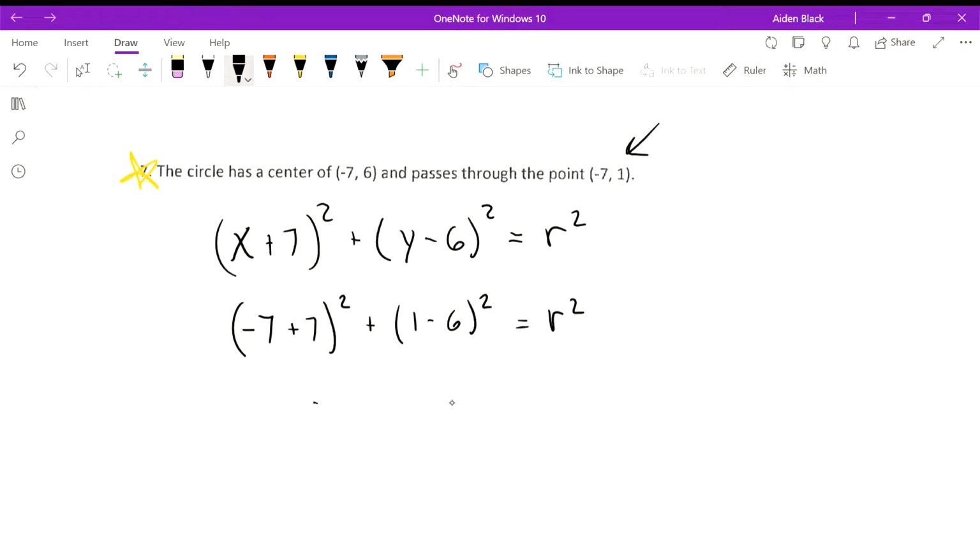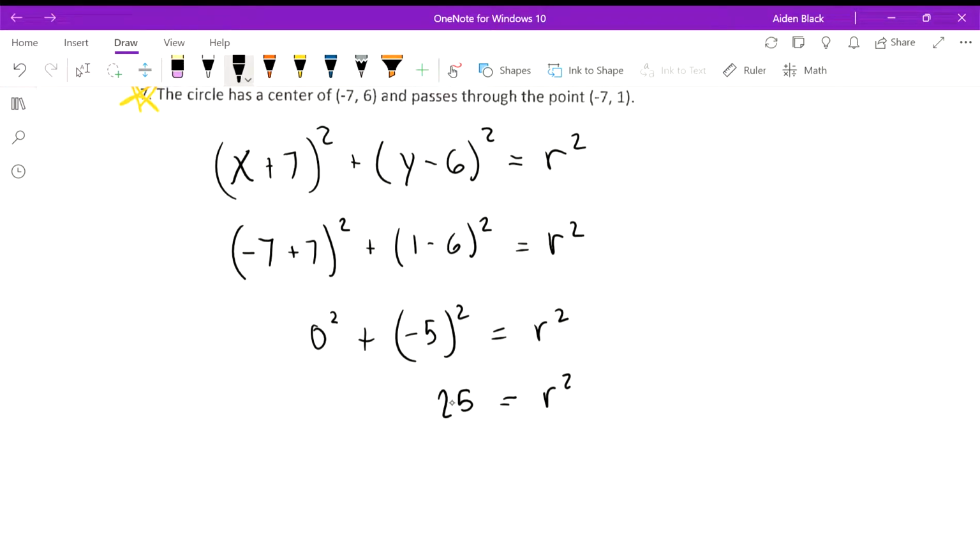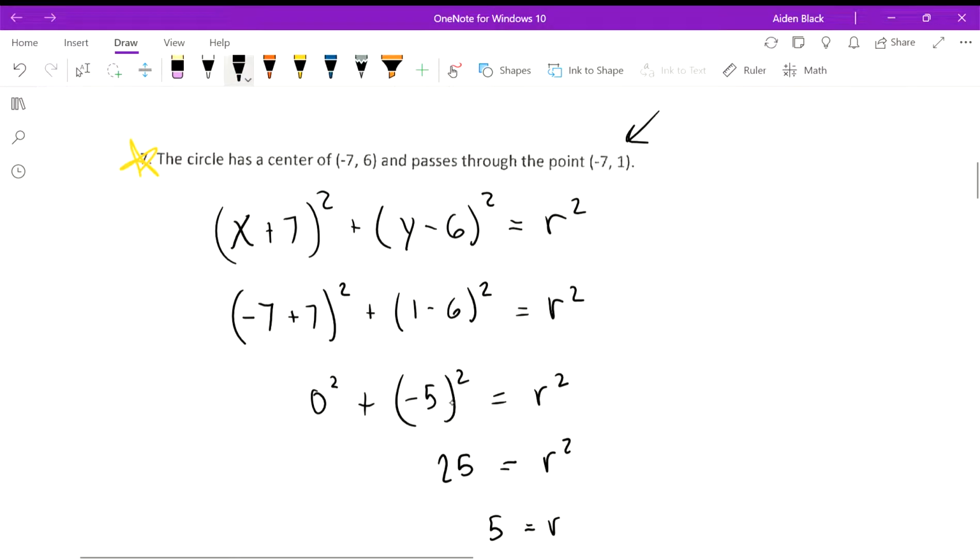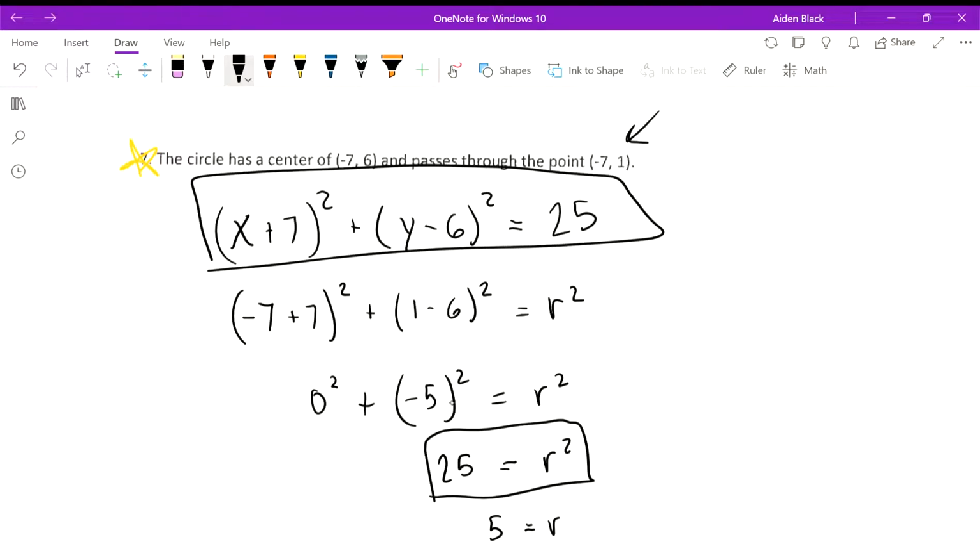So we get 0 squared plus negative 5 squared equals r squared. So we know r squared equals 25. Since r squared is 25, we know r equals 5. We can just use this to replace our r squared here. You should have 25, so this should be your answer.